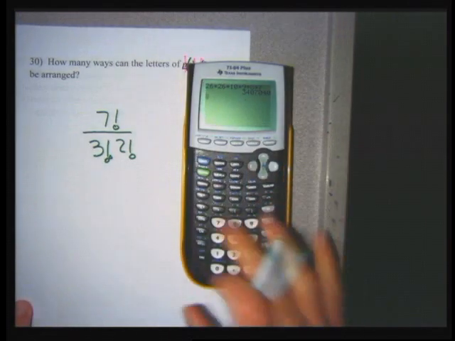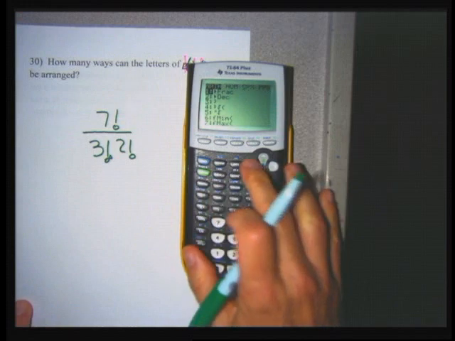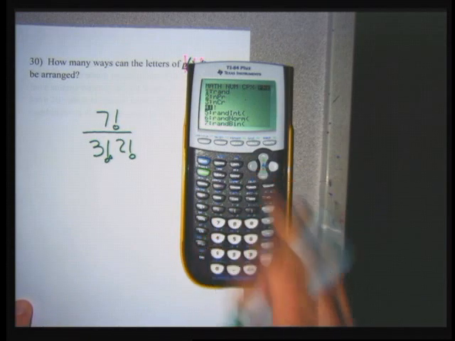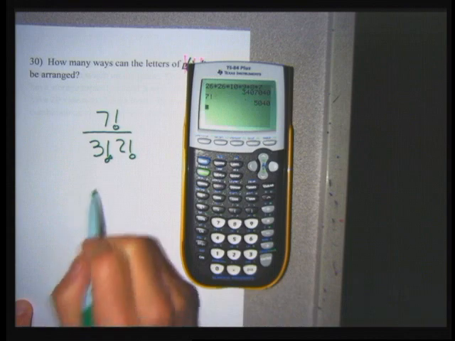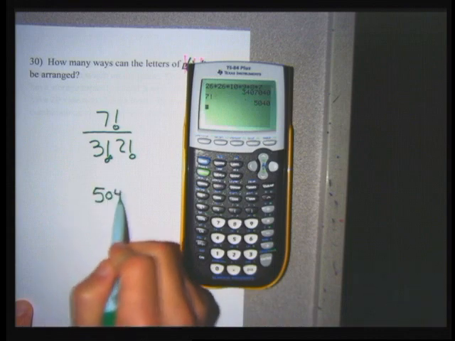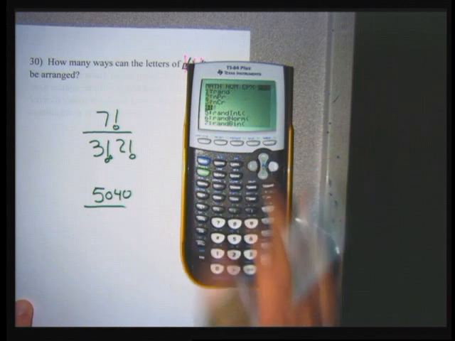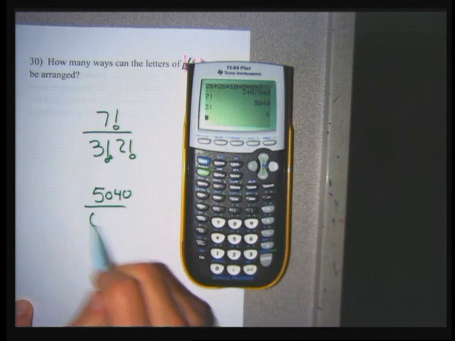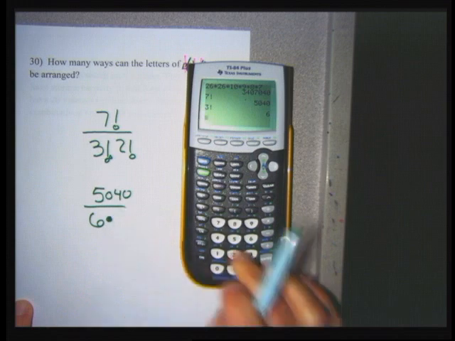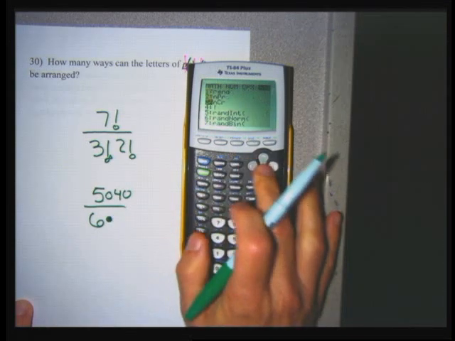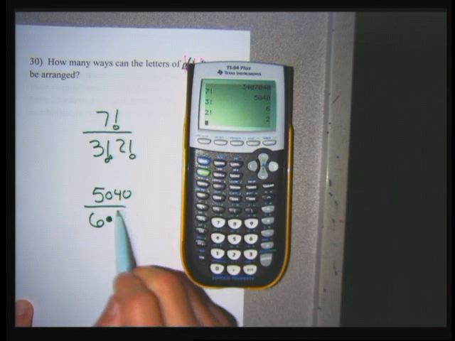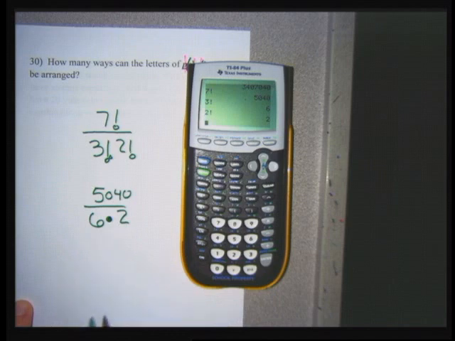So I'm going to figure out what 7 factorial is, doing 7 times, going down to the number 4. So that's going to be 5,040. And then in the denominator, 3 factorial is 6. And 2 factorial is 2. So this is 5,040 divided by 6 times 2. I'm afraid I might mess this up.